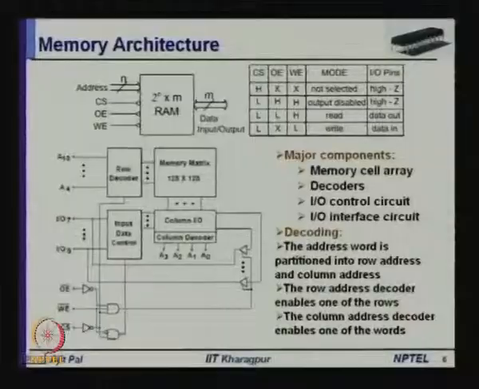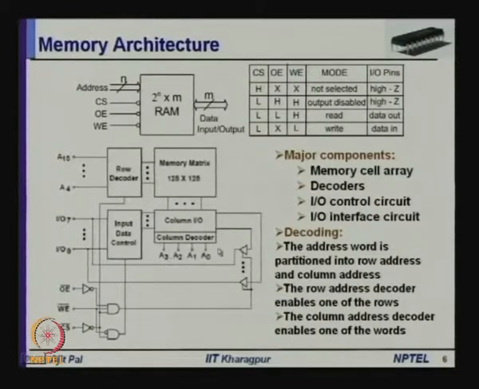Instead of applying all the inputs to a single decoder, where the complexity will be very high, by using two dimensional selection of a memory bit or memory word, the complexity of the decoders is reduced. So they will require less chip area when organized in this manner. That is the reason why in all cases memory is organized in two dimensional form, a two dimensional memory matrix.